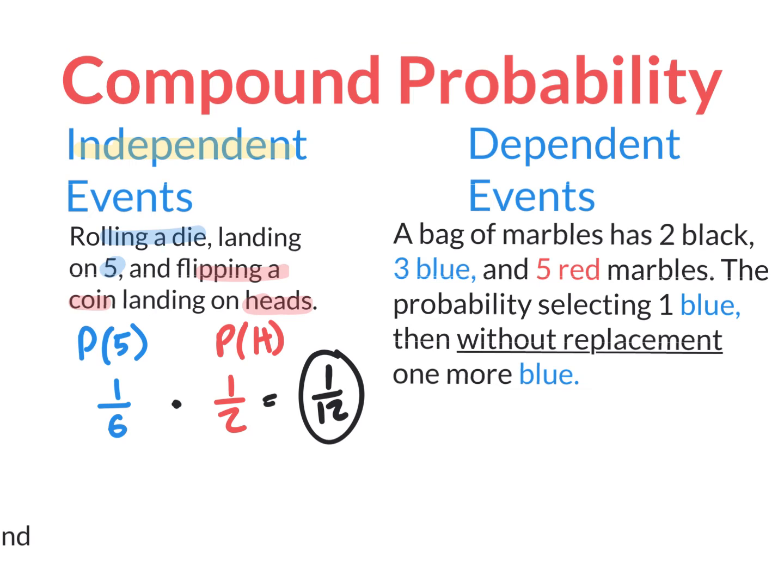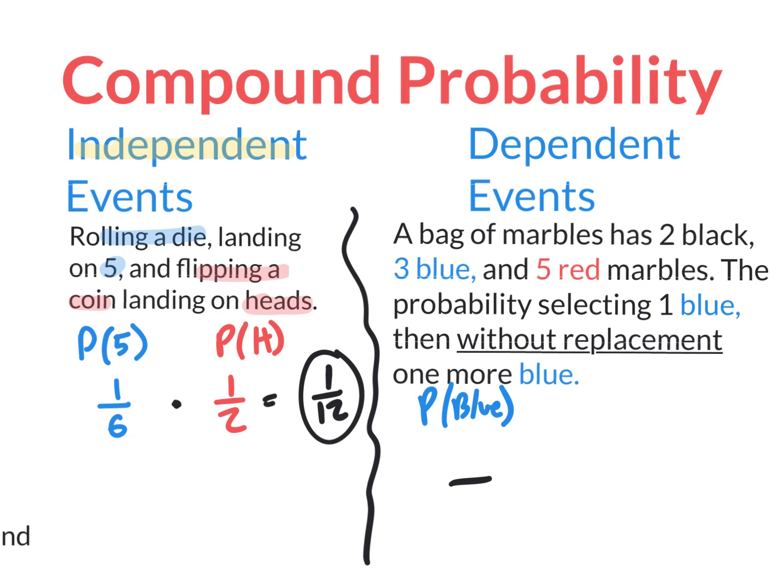Okay, so let's go through this and work through this together here. Let's find out the probability of selecting 1 blue marble. Probability of blue. So what is the fraction that represents the probability of blue?